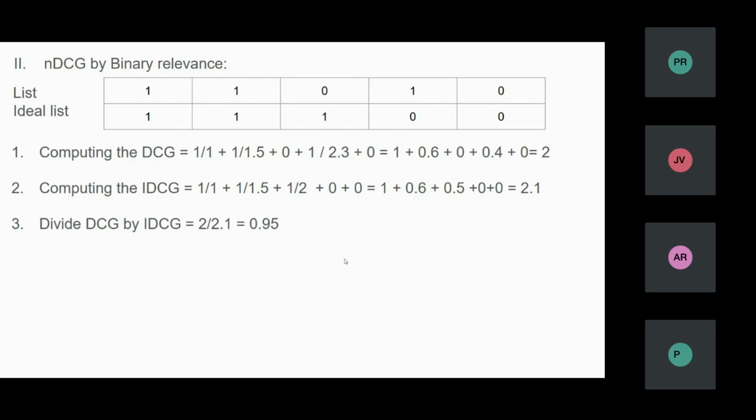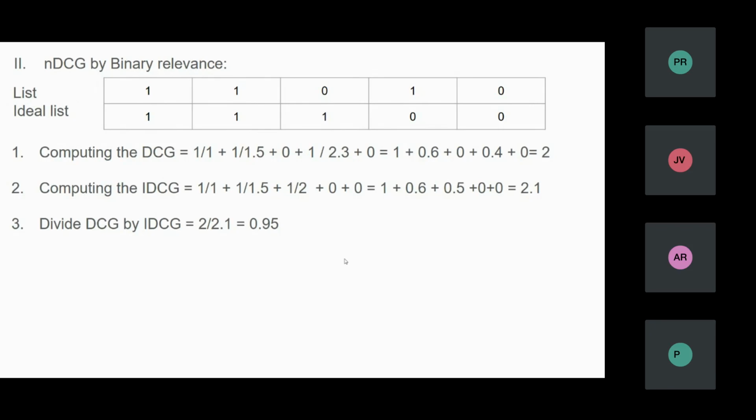So you can see that the first horizontal list is the list provided by the ML model, and the second list is the list that we want. We have a total of three relevant items in both lists, but in the second list we have just rearranged those items.